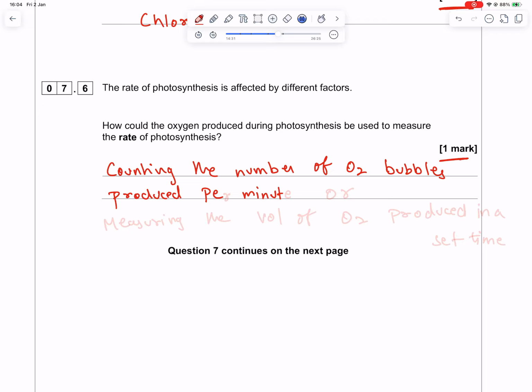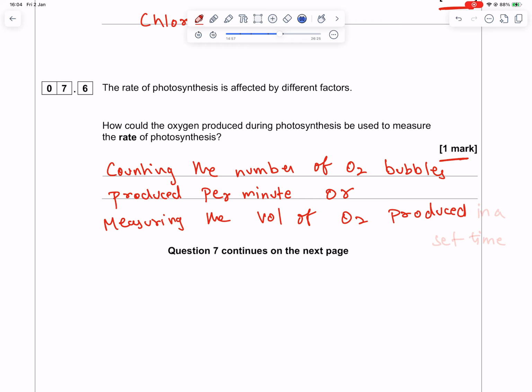There is another way you can do that as well. I'm going to list that here as well. Or by measuring the volume of oxygen produced. So either by measuring the volume of oxygen produced or by counting the oxygen bubbles produced per minute.